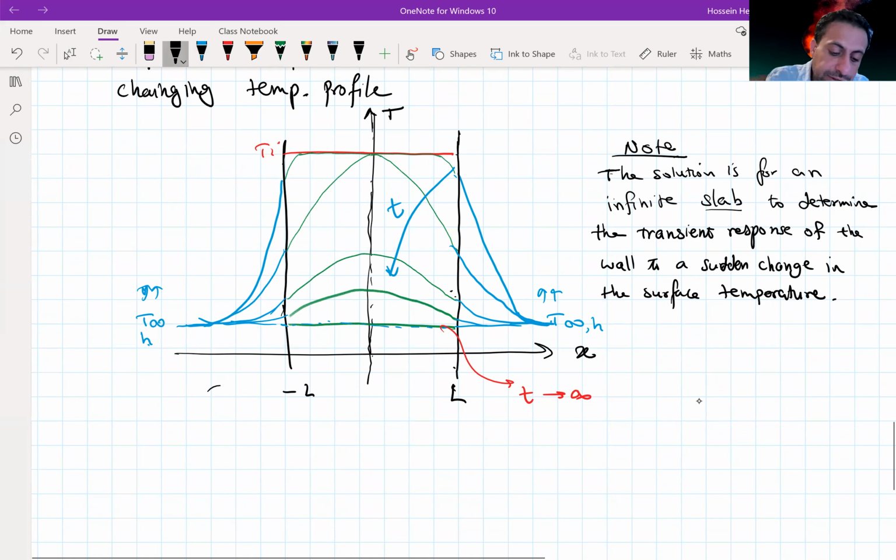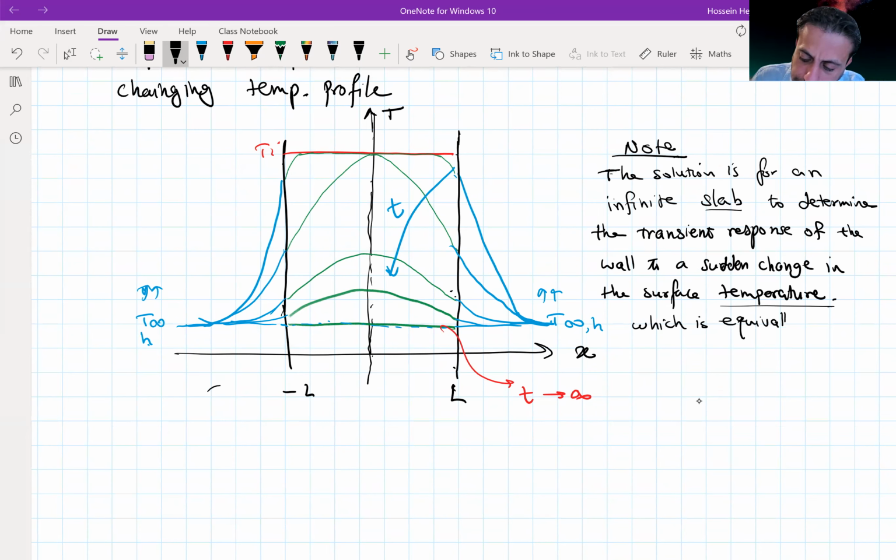Again, this solution is going to be valid for that situation too, for the surface temperature. It is also applicable.